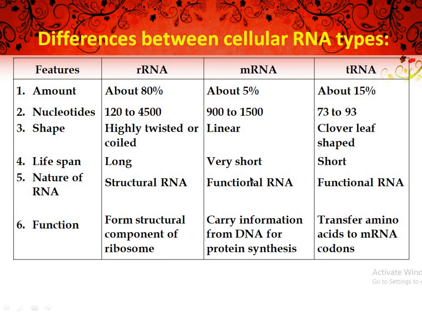So therefore, these two form the functional RNAs. So the main functions of the three different forms of RNAs: ribosomal RNA is responsible for the structural component of ribosomes. mRNA is responsible to carry the genetic information from DNA for protein synthesis, and the main function of transfer RNA is to transfer the amino acid to mRNA codons.